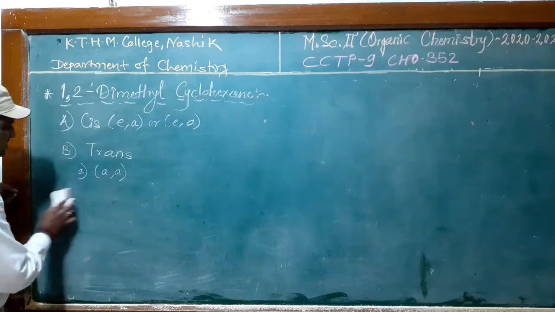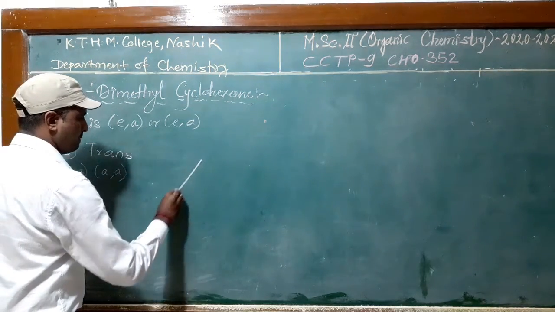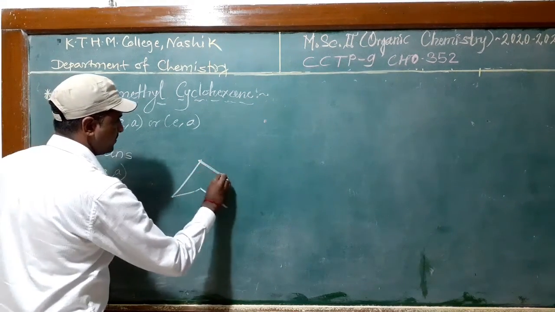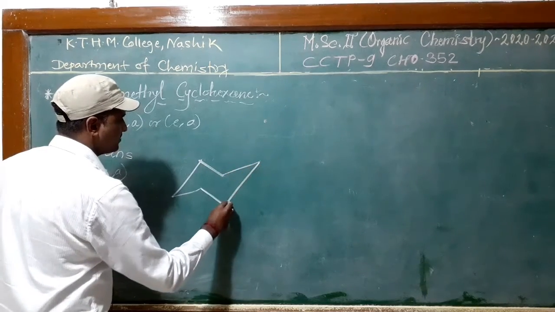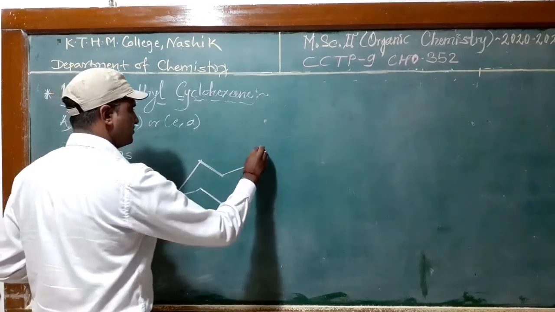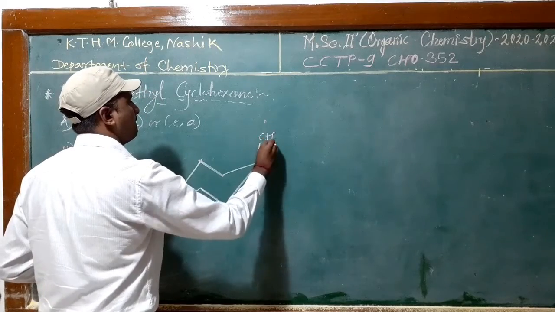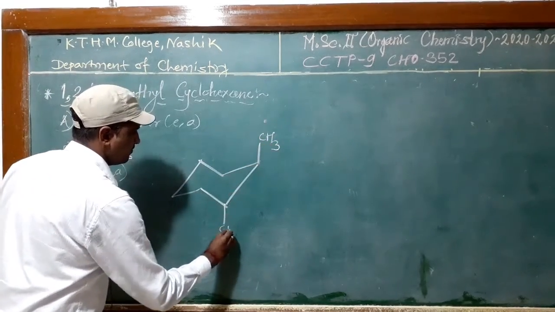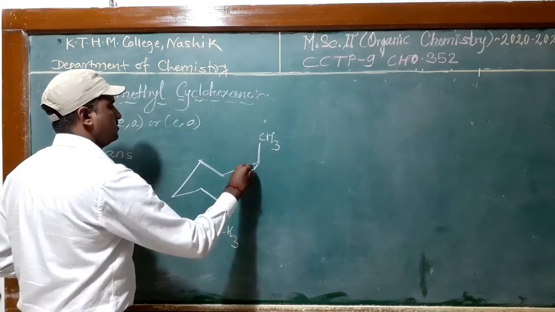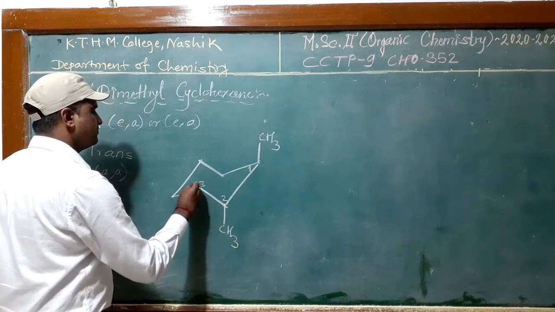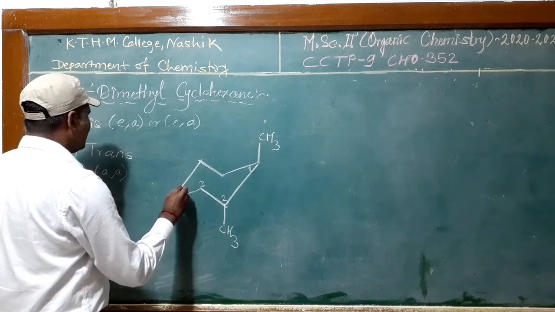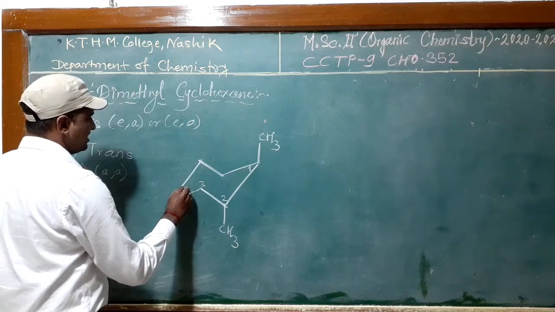First see this 1,2-dimethyl cyclohexane. This is a chair conformation of axial trans 1,2-dimethyl cyclohexane.